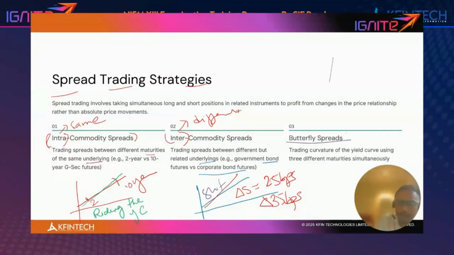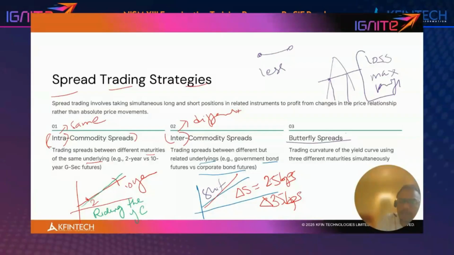What is a butterfly spread? It basically tries to lock in your maximum loss and maximum profit, so it expects very little volatility. Whenever there is less volatility, your losses and profits are capped and you pocket the net premium.